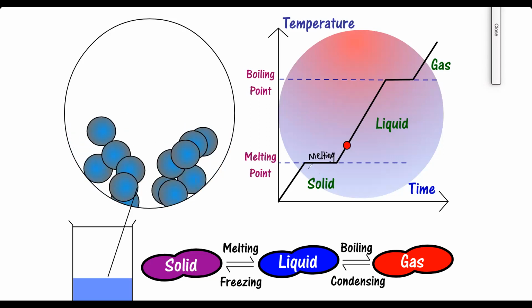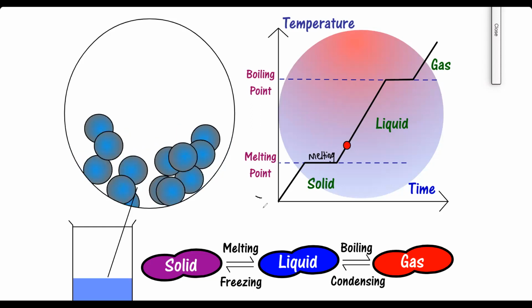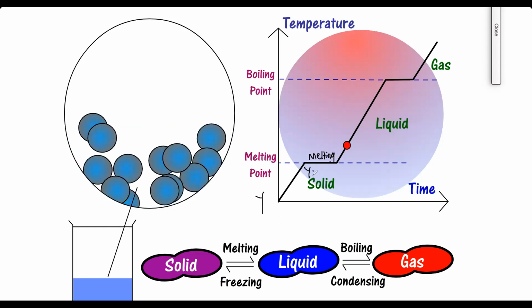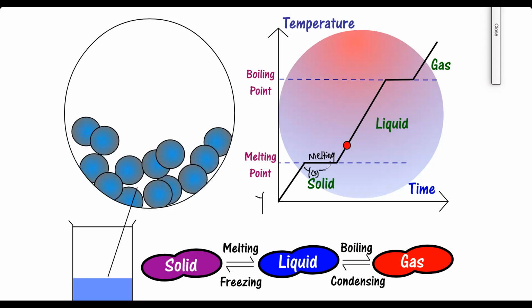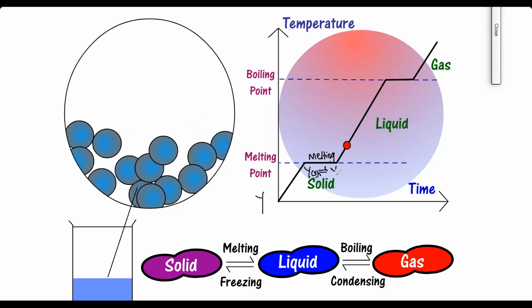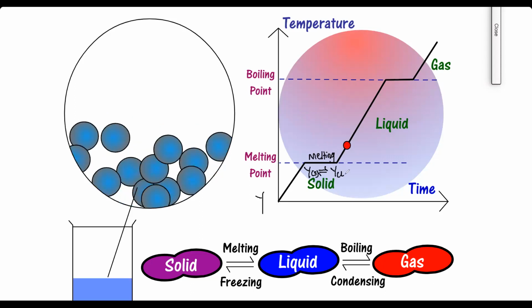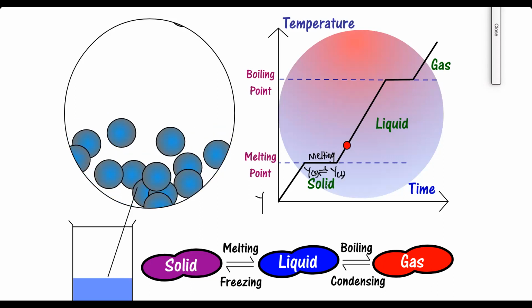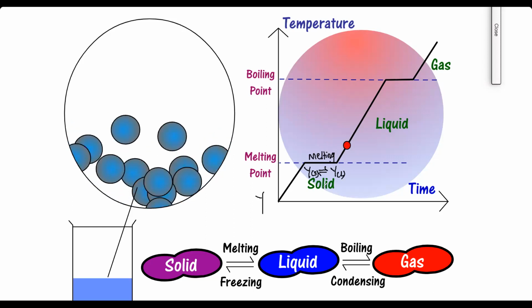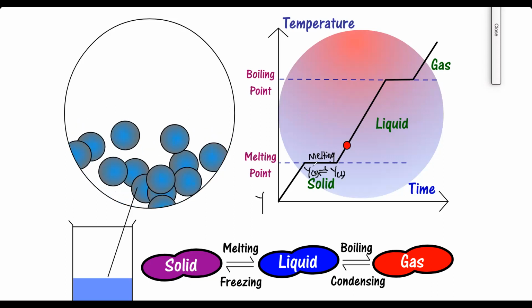And the equation, assuming the substance is Y, you will have Y solid in equilibrium with, forming what? Y liquid, right? So these are some of the key questions you might find.